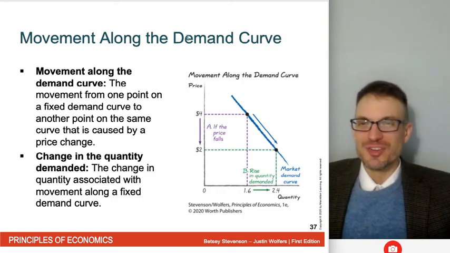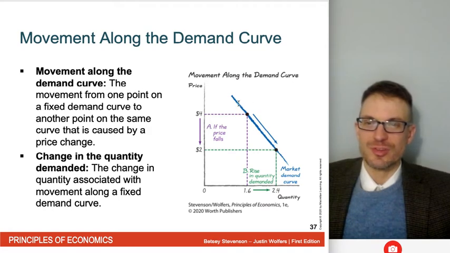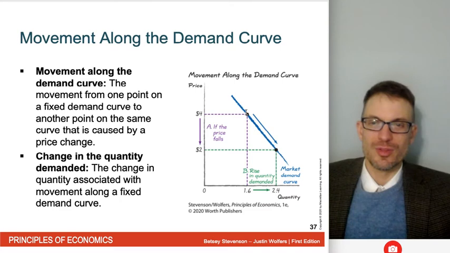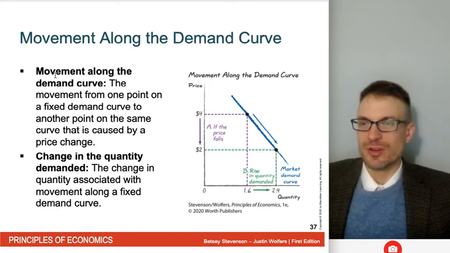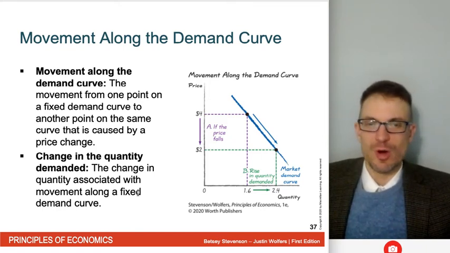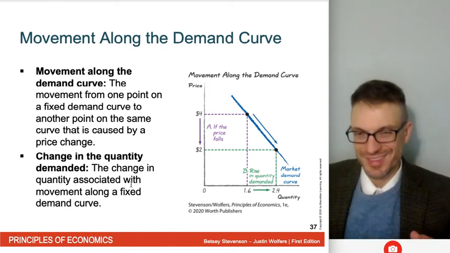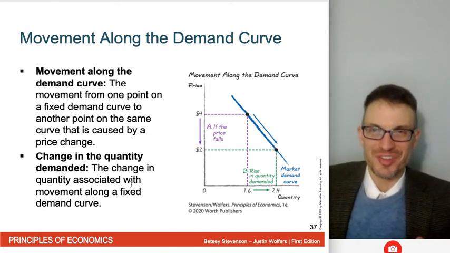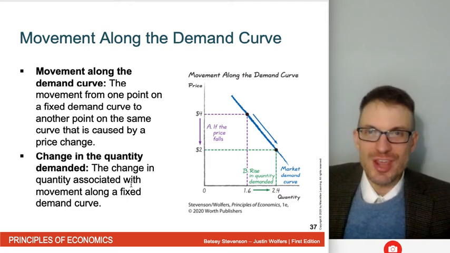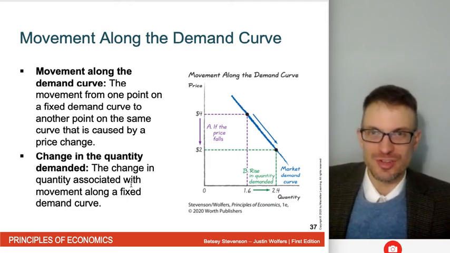Anyway, so here's our movement along the demand curve. The movement along the demand curve is going from one point on the demand curve to another point, right? So if price falls, we get a rise in quantity demanded, right? We're moving down the same market demand curve. When the price changes, we get a change in quantity demanded. The really important thing we have to reinforce here is that if price changes, only quantity can change.